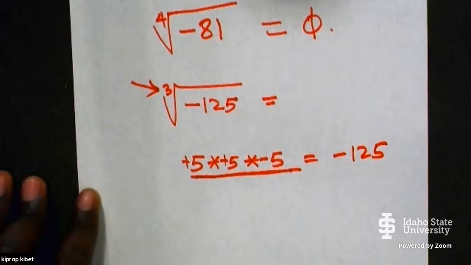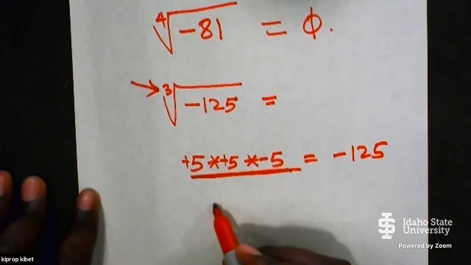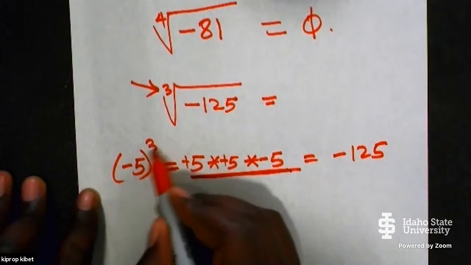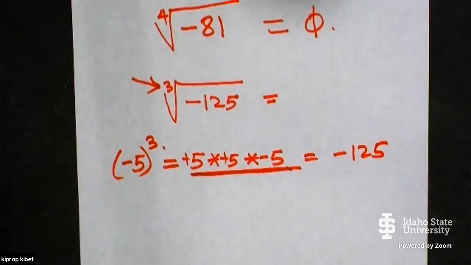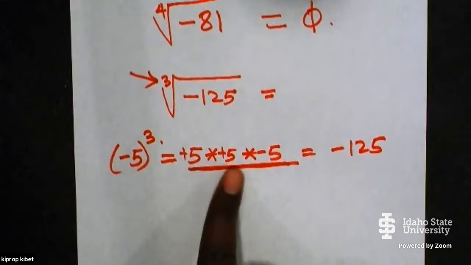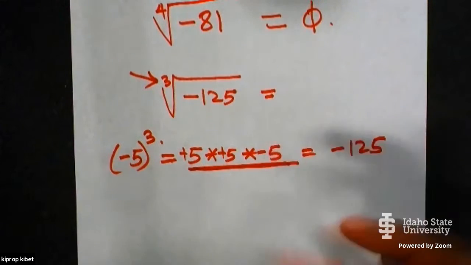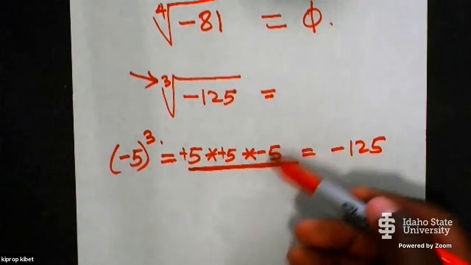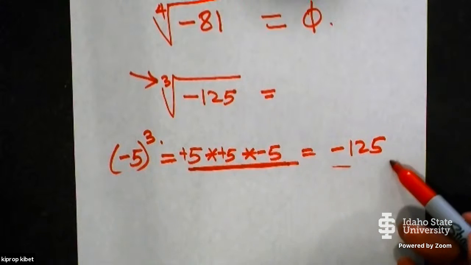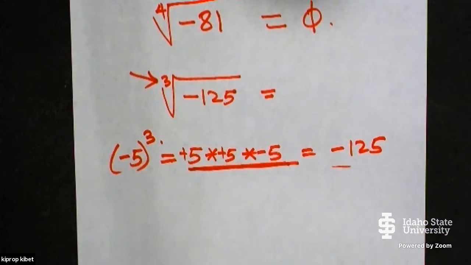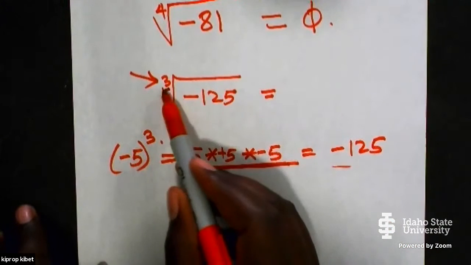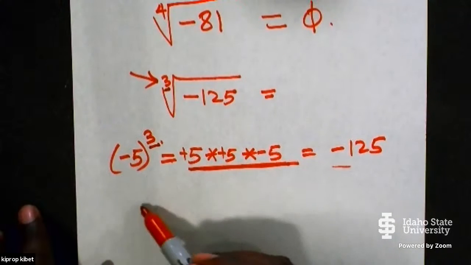125, right? And this is the same as minus 5 raised to 3. Minus 5 raised to 3 is minus 5 times minus 5 times minus 5. The two of them will cancel, so you remain with one of them, which is similar to this. I said you make sure this power or this root is similar so that it can cancel.